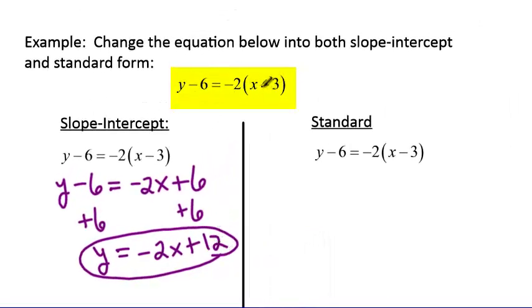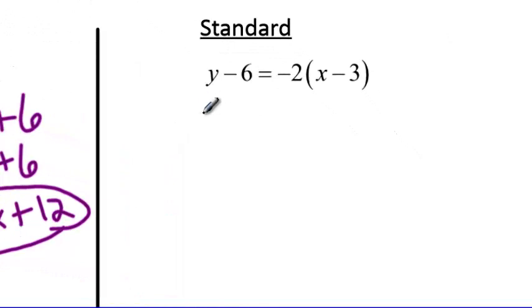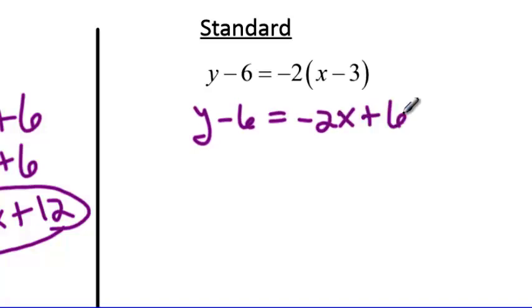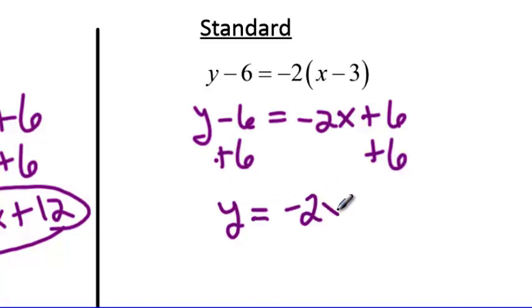So if I graph this and I graph this, or if I made a table of values for each of these, they would be identical. Now let's change this equation into standard form. So I want to start out with the same thing. I want to expand the right side, so I get -2x plus 6. And then I'm going to add the 6 to both sides because I want the numbers all on the right. So y equals -2x plus 12. And then I'm going to add 2x to both sides.